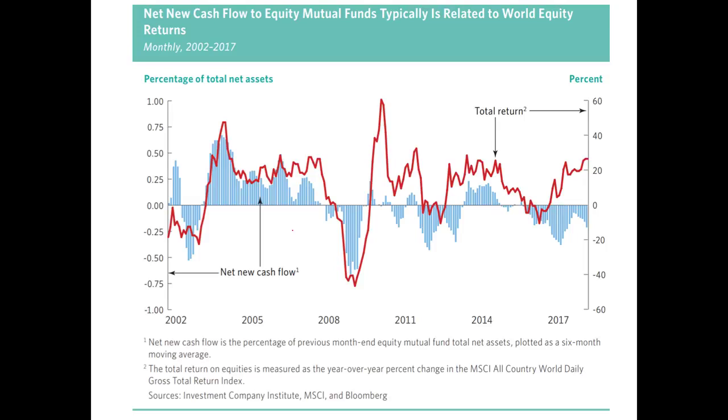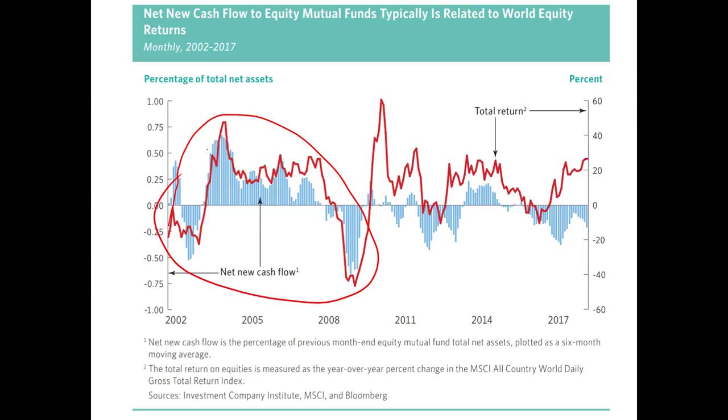The red line is the stock market, and the blue chart is cash in or out of mutual funds. We can see that they're fairly concurrent for about 15 years. During this period, they pretty much follow each other.